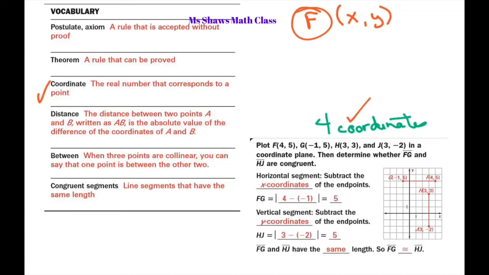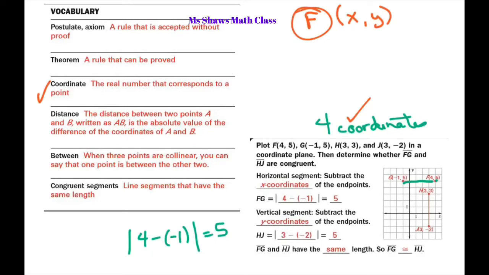And then we connected them, and we have a horizontal segment. We want to find the length of those. If we find the length of FG, we are measuring the X values. When you measure that, take the absolute value of 4 minus -1, because distance has to be positive, and you get 5.